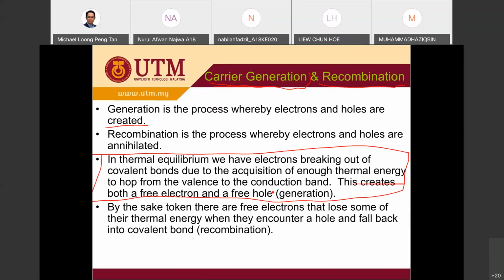Then you create a free electron and hole. And then if you lose your energy, then you drop down to the valence band. By the same token, there are free electrons that lose some of the thermal energy, then they encounter a hole and fall back into a covalent bond. So this is generation and recombination.